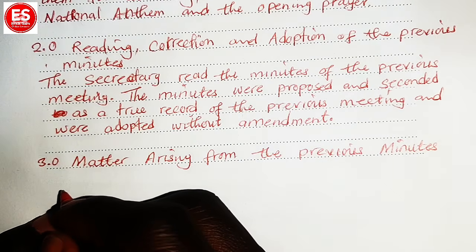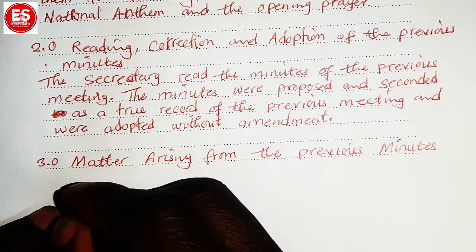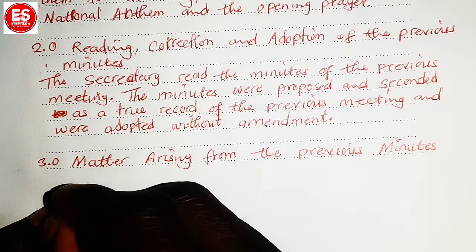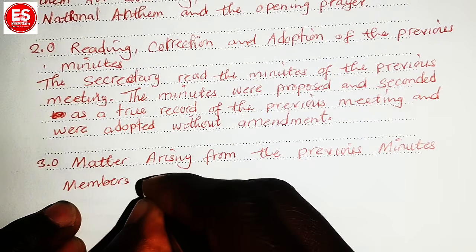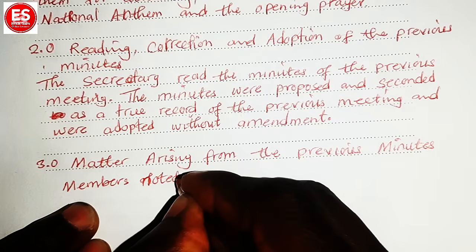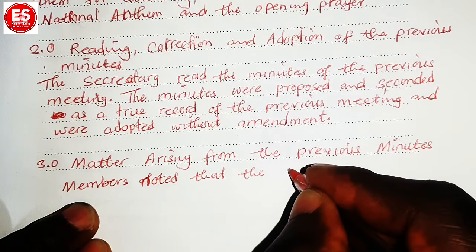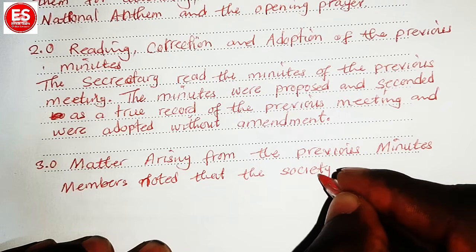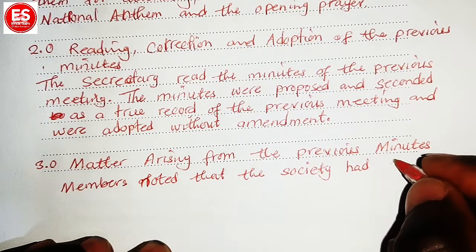Now we are going to look at the matters that arose from those, okay, one of which we said society did not go for finals. Okay, so in this case we are going to say members noted that the society had failed.